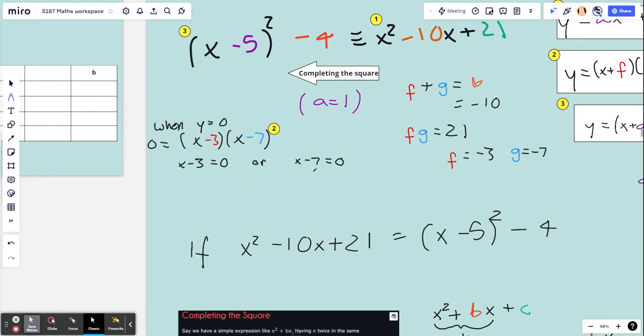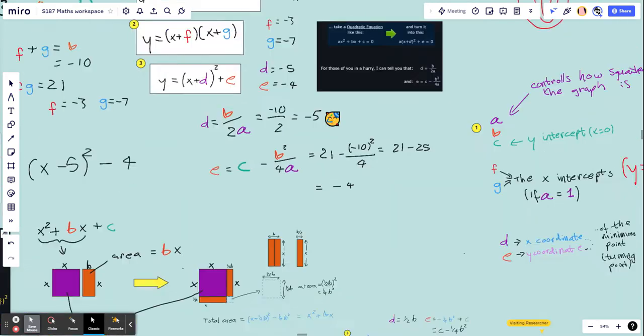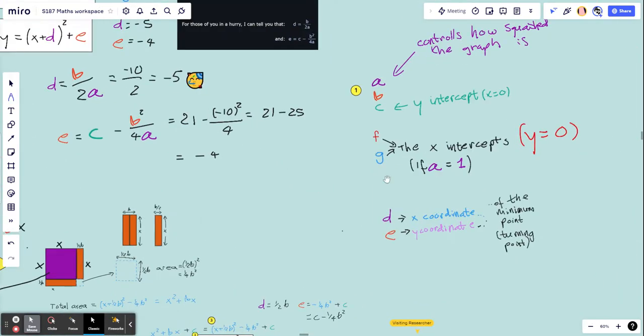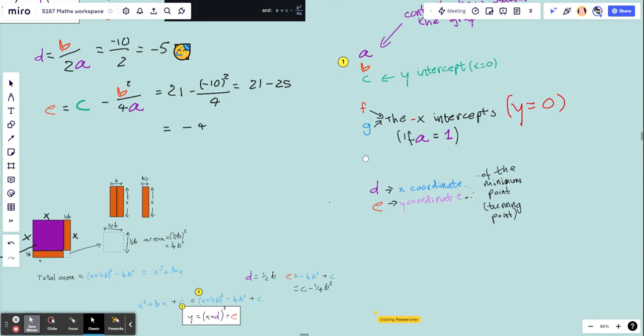Rearranging that, therefore x is equal to 3, or x is equal to 7. So actually, it's going to be the negative of f and g. So maybe I can go back over here and say not the x-intercepts, but the negative of those x-intercepts.